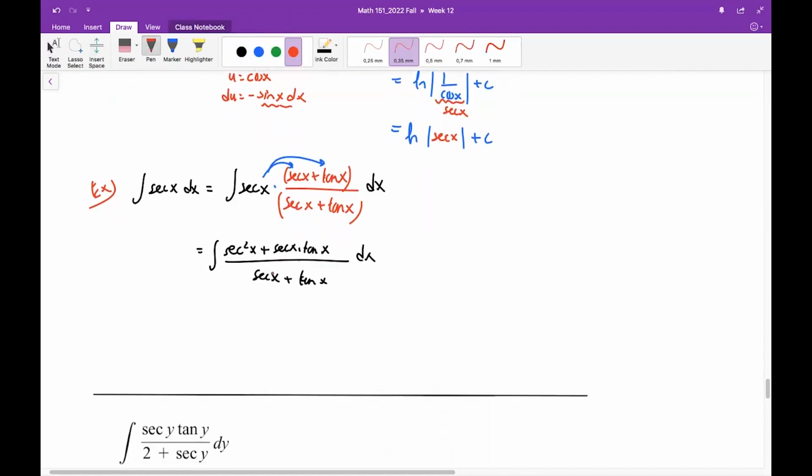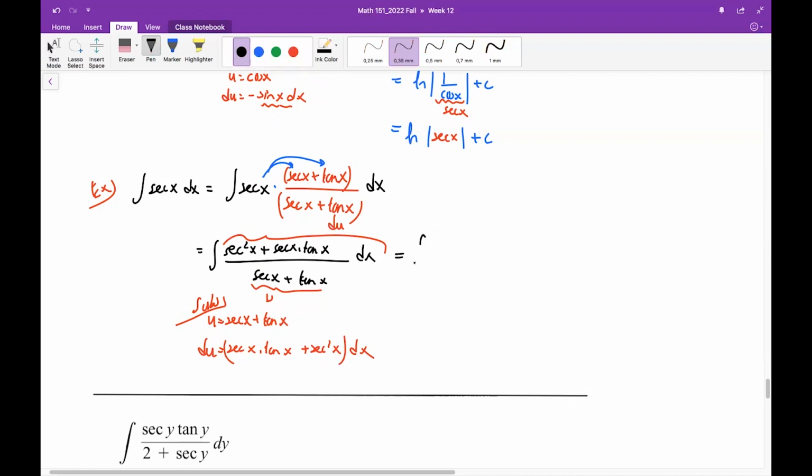Now, after this step, a substitution will work. So let's choose the denominator part as our u function. So we are applying a substitution. u equals secant x plus tangent x, then du is, what is the derivative of secant function? It is secant x times tangent x. What is the derivative of tangent x? It is secant square x. So you put the dx at the end. You see, this whole thing is in fact what you have for du. That's why the integral can be rewritten in terms of u's and du's in this very simple form.